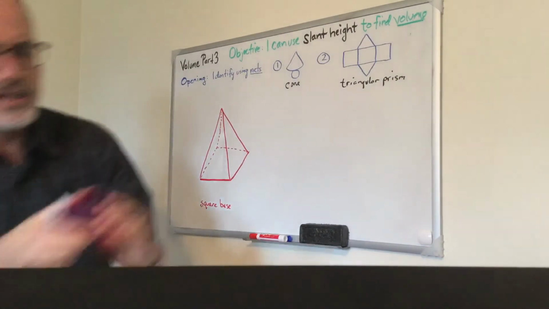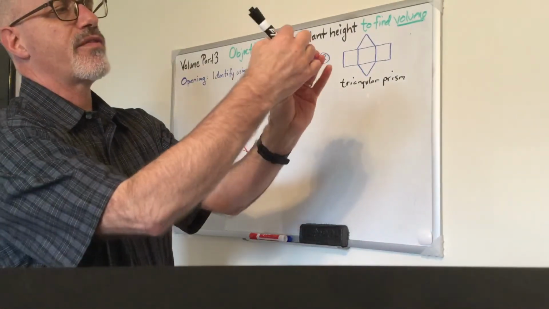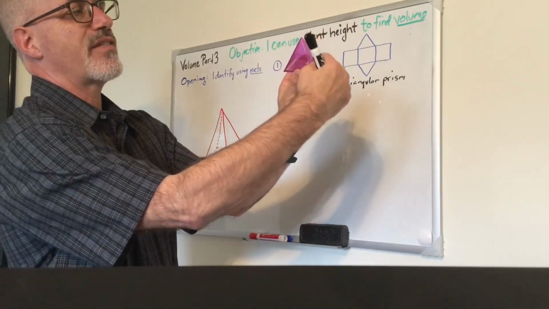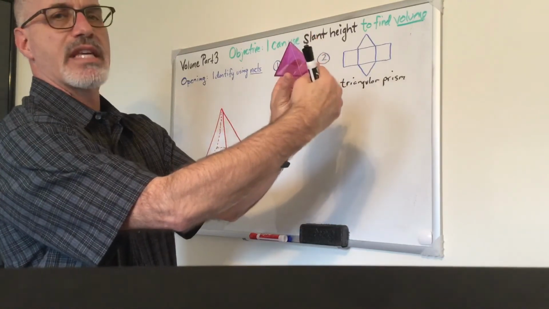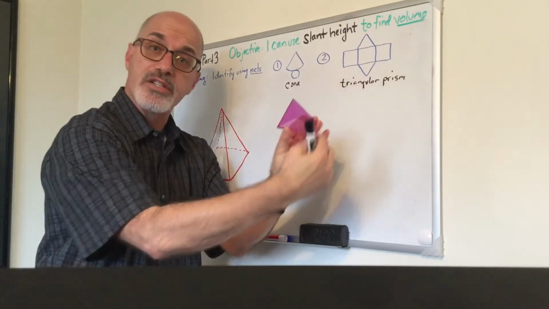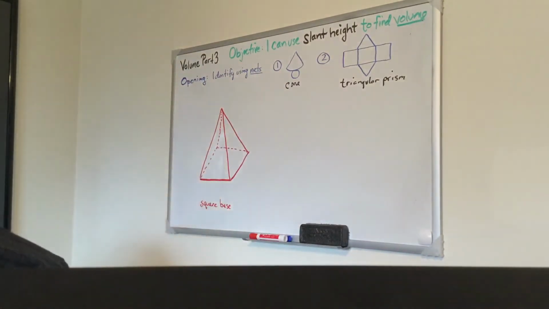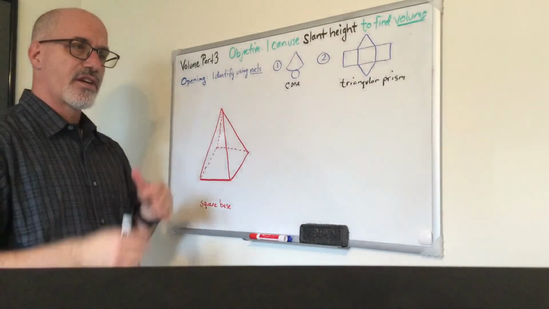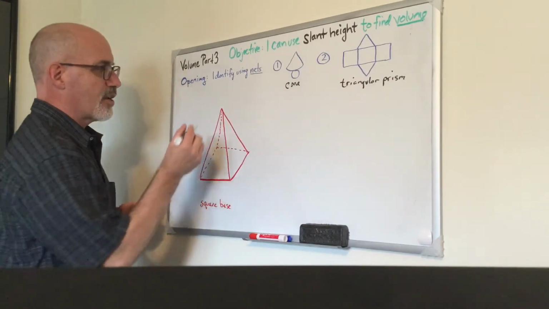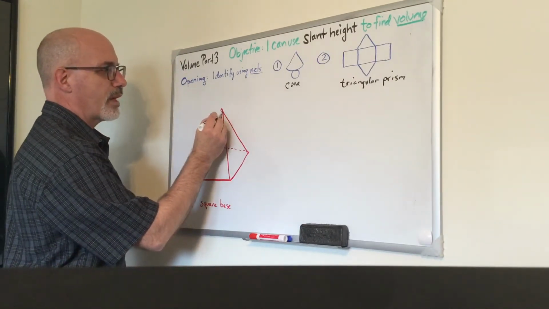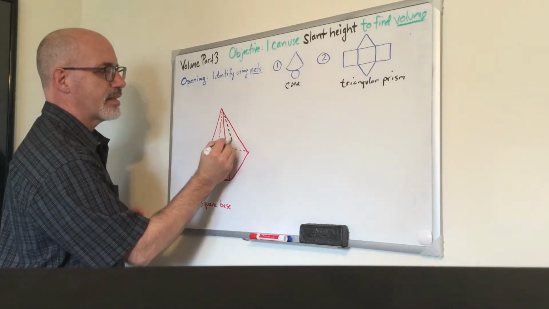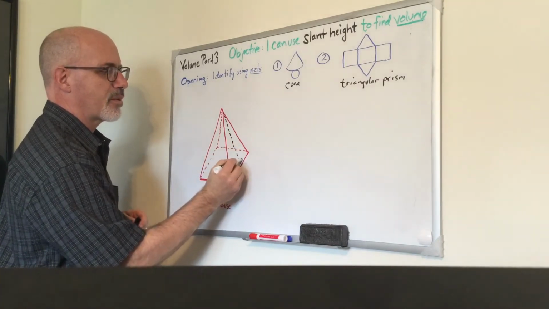If we follow from the point down the face, perpendicular to the edge, that would be our slant height for this pyramid.